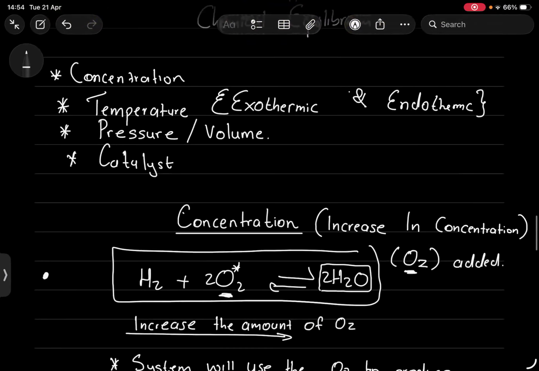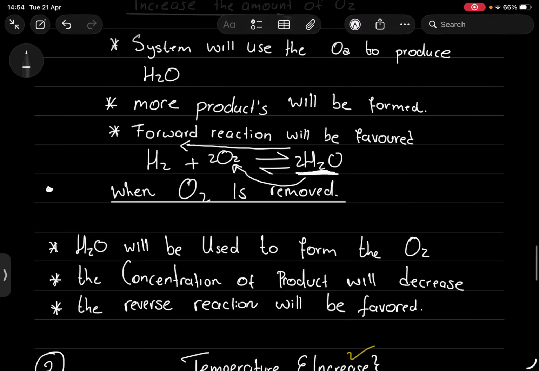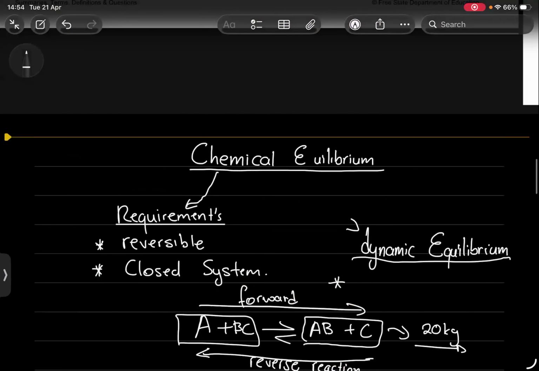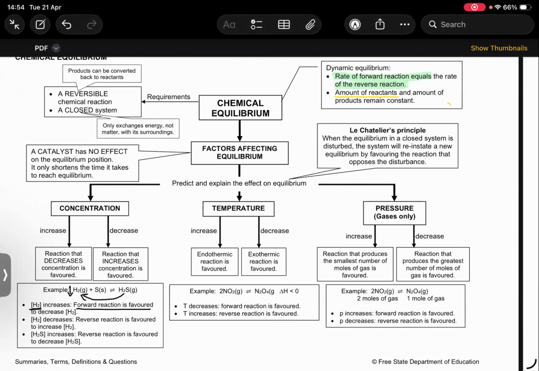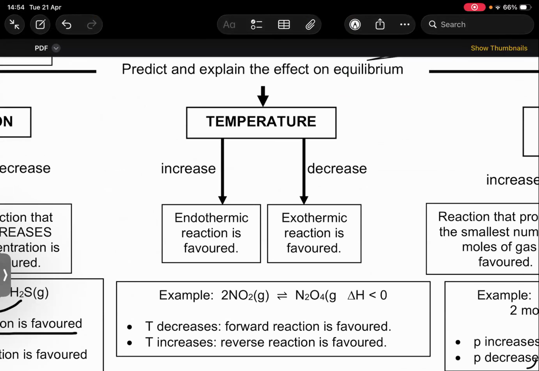So you should get the difference, guys. Let's see in our script what is happening. Do you see here? How is the enthalpy here? It's exothermic, but whenever they decrease the temperature, what's going to happen?